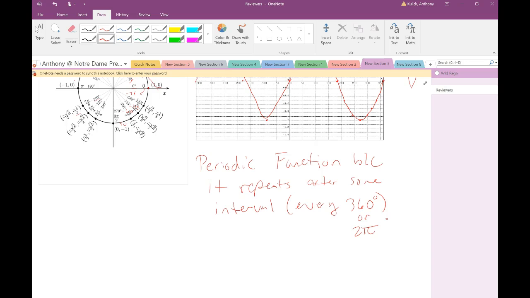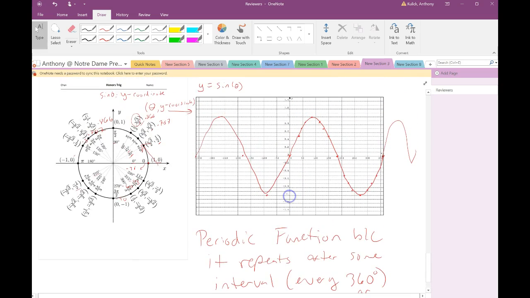Okay. So let's talk about domain for this function. Does anybody remember what the domain for a function is? Okay, so the domain is the set of possible inputs for the function, right? That's what the definition of a domain is.